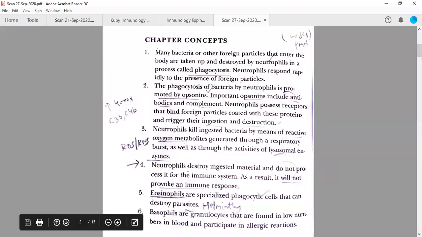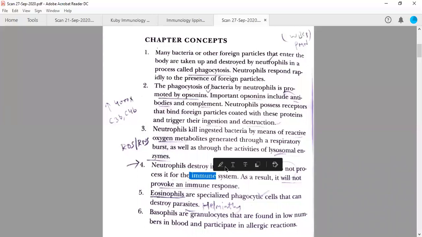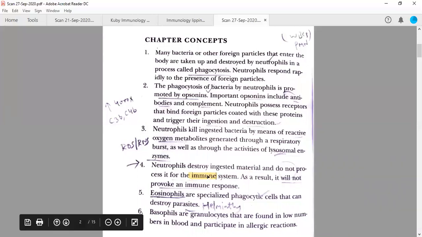Then the fourth point is: neutrophils destroy ingested material and do not process it for the immune system. Neutrophils are different in the sense that they do not process the antigen or foreign material so that the immune system can recognize it.